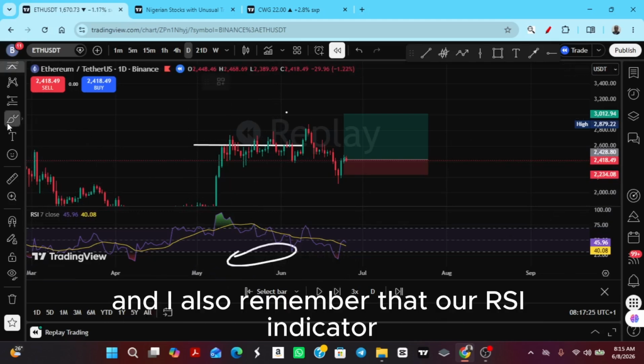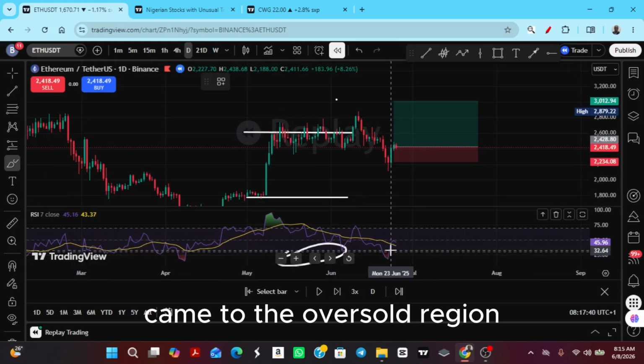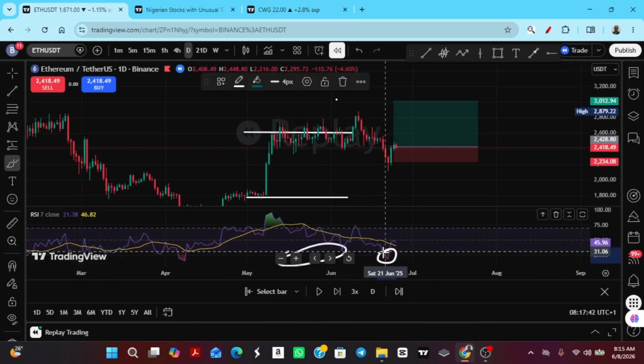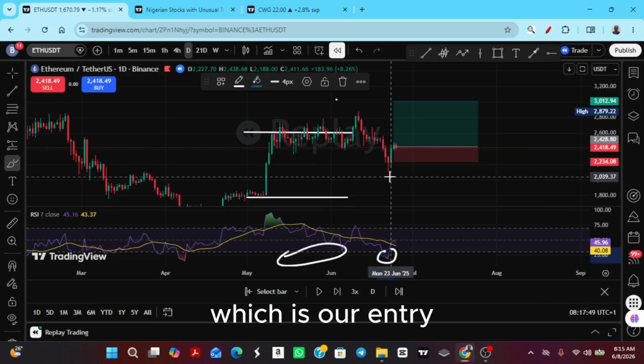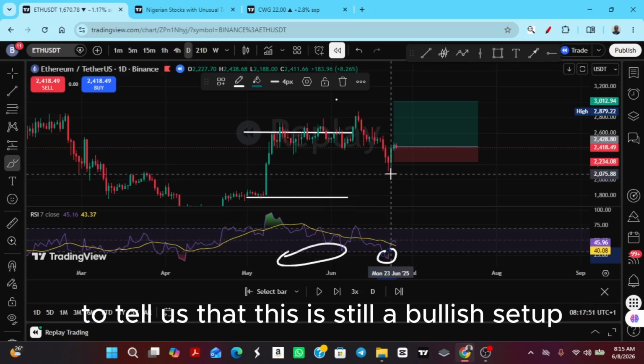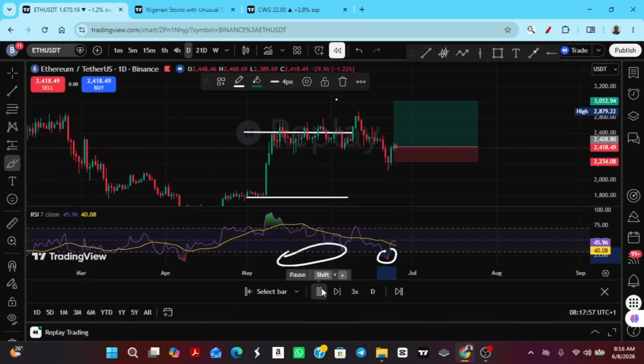Also remember that our RSI indicator came to the oversold region before we got this bullish engulfing candle, which is our entry, to tell us that this is still a bullish setup. So if I play this, let's see how it plays out.